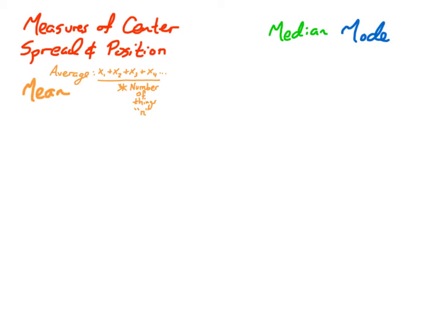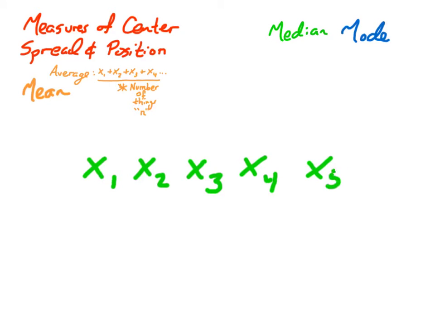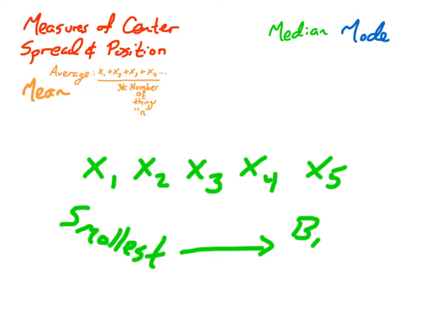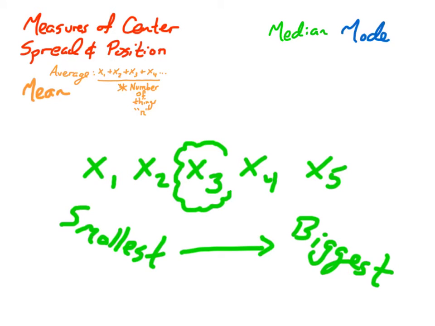The median, again, if we take x1, x2, x3, x4, and x5, and you were to write them in ascending order, so the smallest to the biggest, the median is actually going to be the number that's right there in the middle.